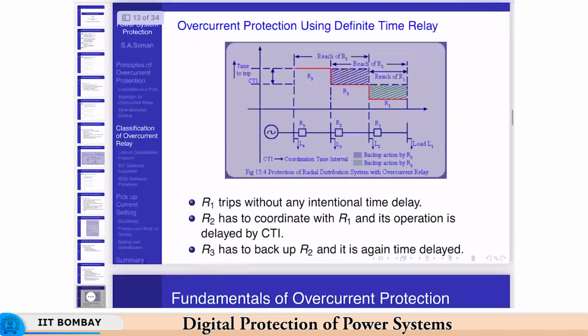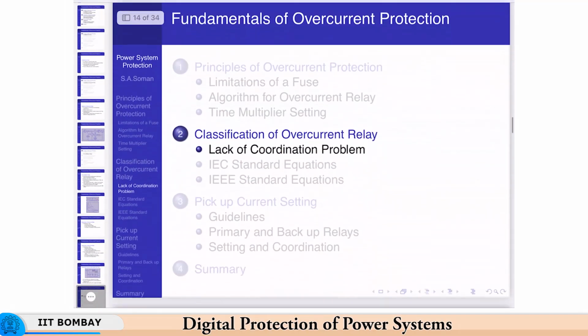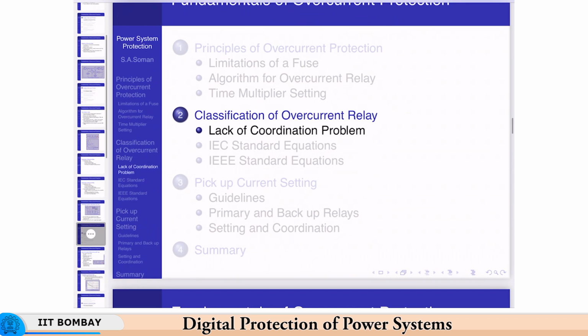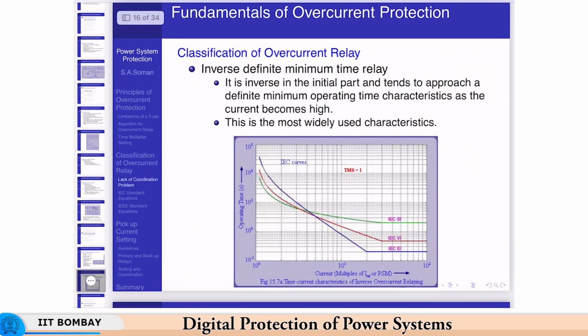Okay. So, we saw that there is a lack of coordination, and this led to the development of what is known as the IDMT, or the inverse definite minimum time relay. You can see that the characteristic is inverse, and as the current increases beyond a certain value, it becomes almost asymptotic to the x axis.